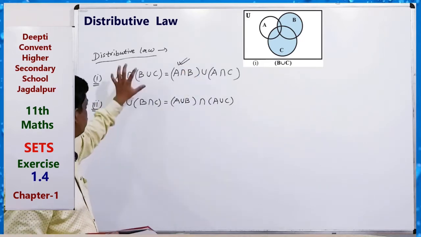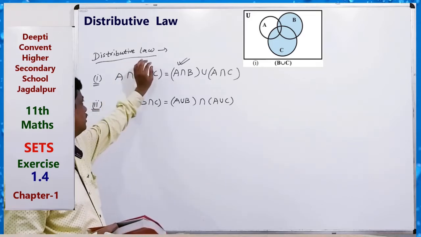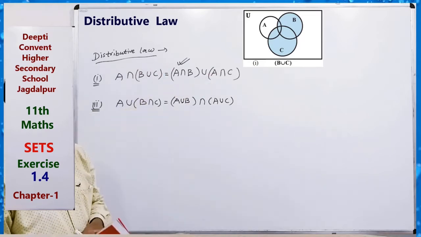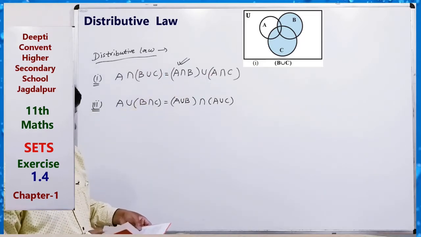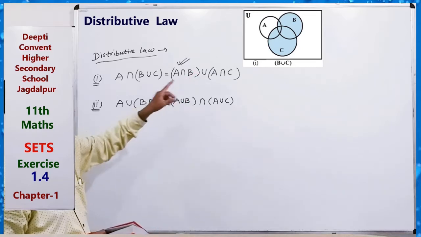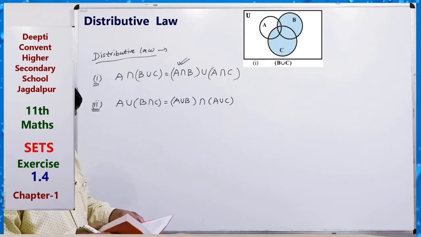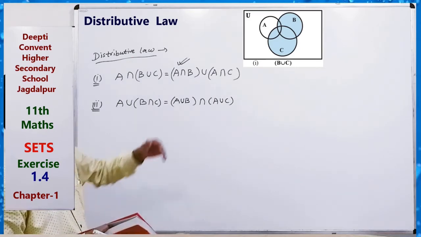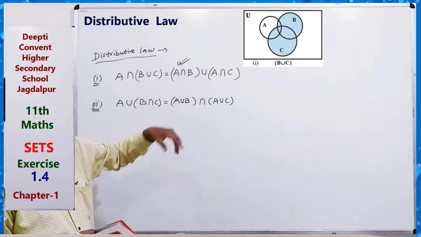For this we require this set and this set. In the first diagram, B union C means B and C are completely shaded. Clear?